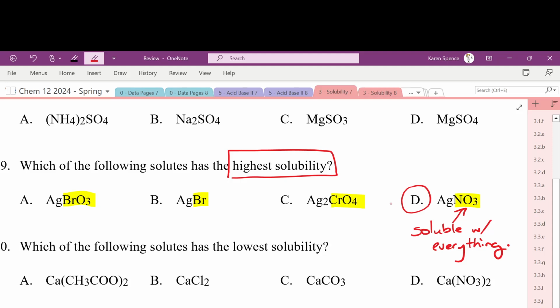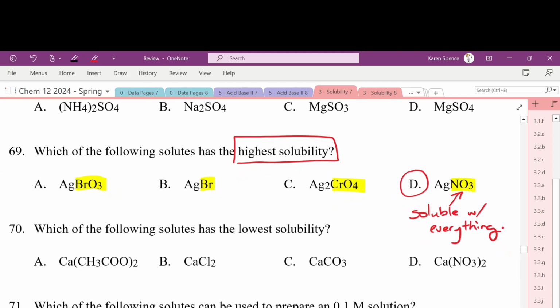Lowest solubility. Well, it's definitely not going to be calcium nitrate, right? Okay. Calcium chloride is soluble.